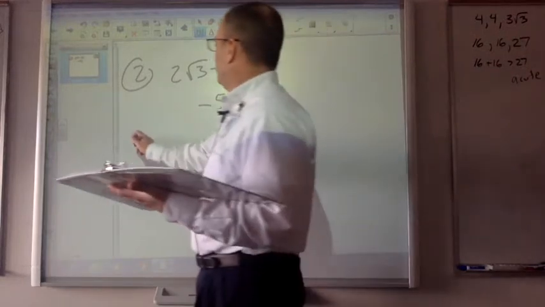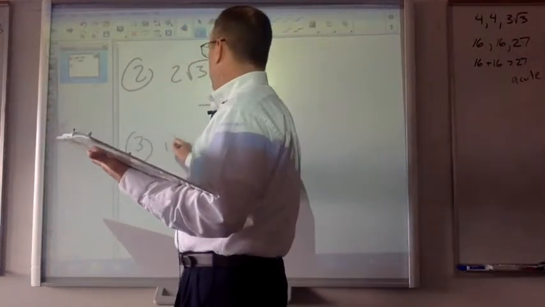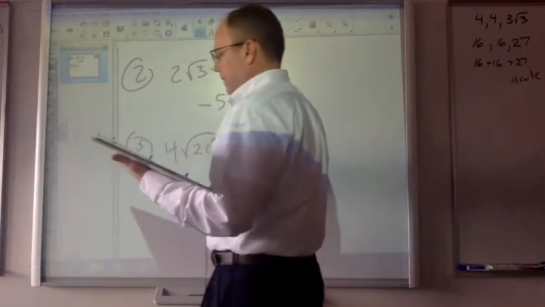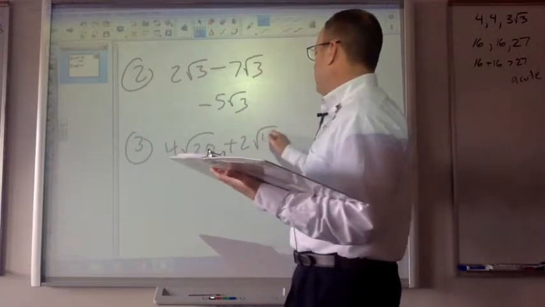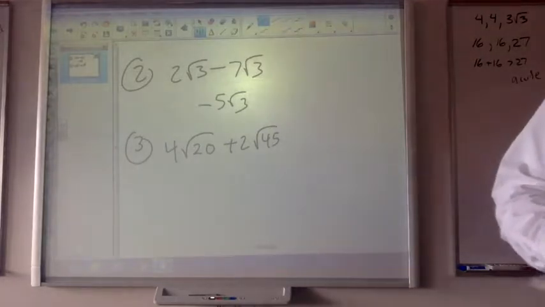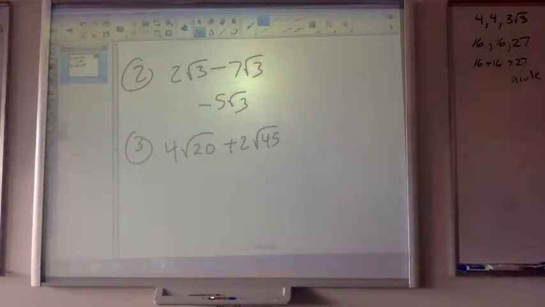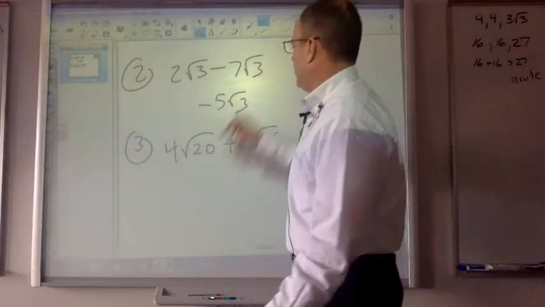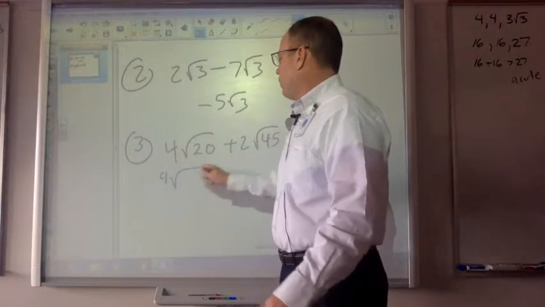All right. Number 3, we have 4 root 20 plus 2 root 45. So we want to add these together. We can't add them right now because we have 2 different radicals. Agreed? Okay, so we want to see if we can break our radicals down. So 20 breaks down to 4 times 5.